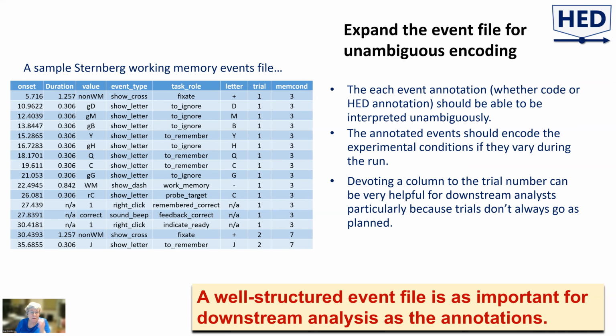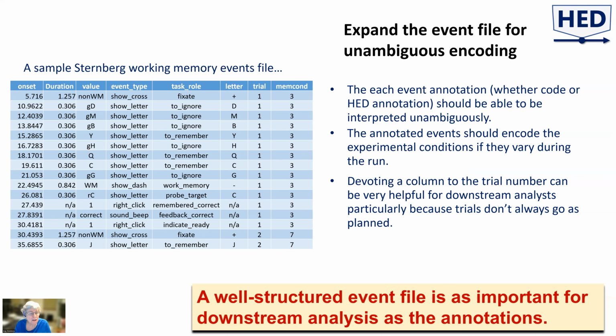because you never know whether the structure of a given trial is complete. So for example, in the Sternberg, there were cases where the participant jumped the gun and indicated ready immediately, not waiting for the feedback.